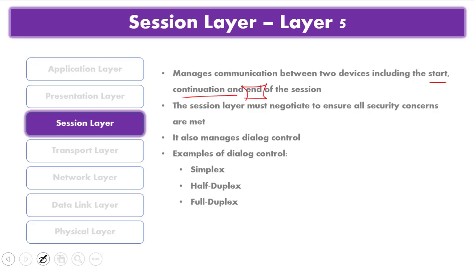Dialogue control comes in three flavors: simplex, half duplex, and full duplex. Simplex means you've got one-way communication, so one device transmits while the other listens. A practical example would be walkie-talkies.